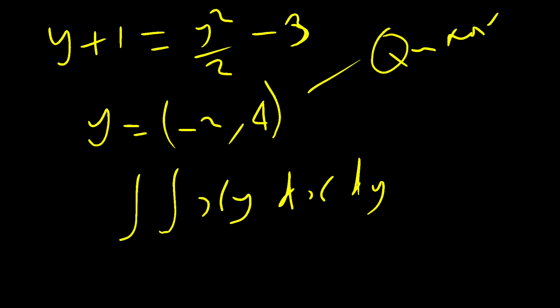So for x, the first x is from y squared over 2 take away 3 to y plus 1. And the y's, we have solved for y's, and it is from negative 2 to 4.